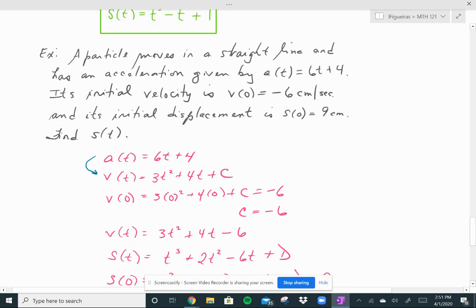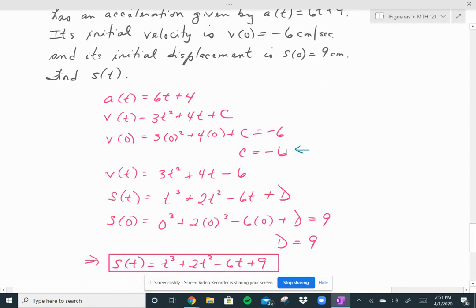That's the information given in the problem. Then solve for the constant, you get that c is negative 6. So now you can use that information to come up with a new velocity function, replacing the c with negative 6. So v of t is equal to 3t squared plus 4t minus 6.